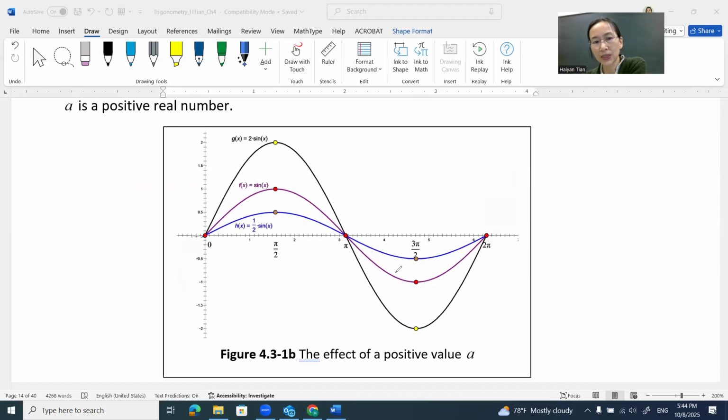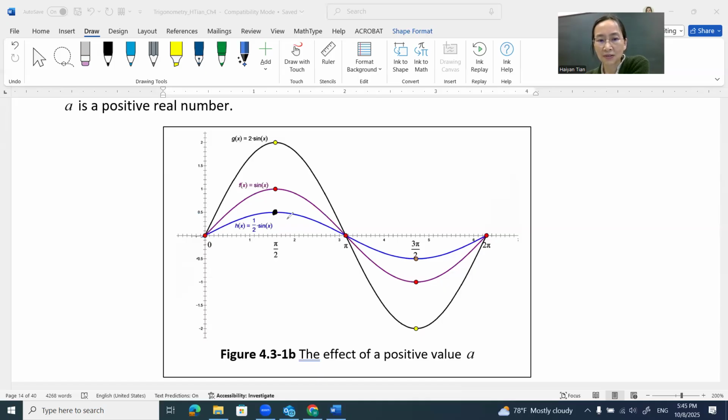The one in the middle, the purplish one. So that is the basic function. And 2 sine x is the black function with amplitude 2. And half sine x will be the blue one with the amplitude half.